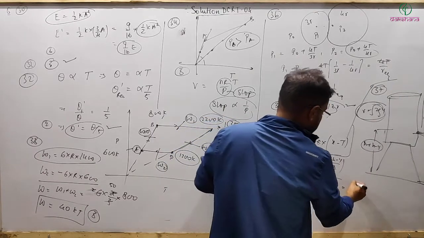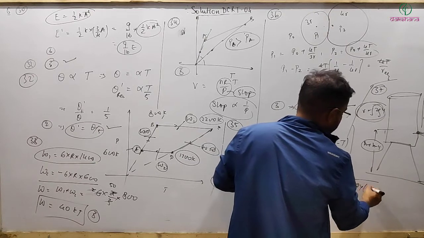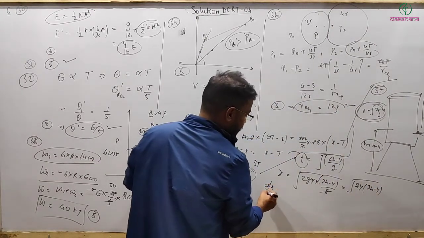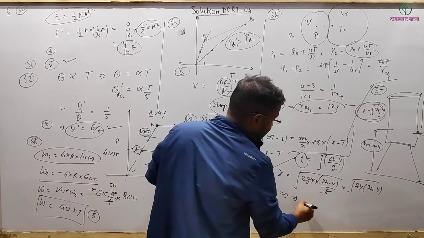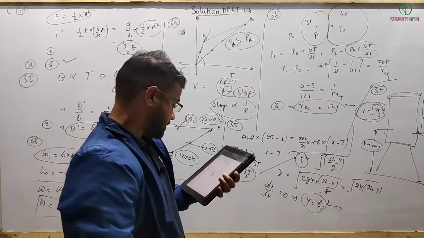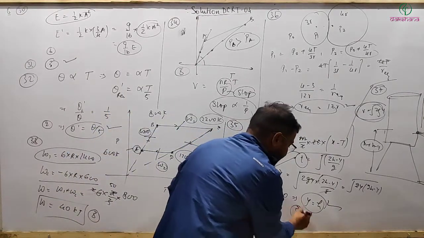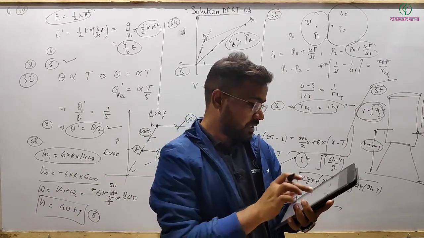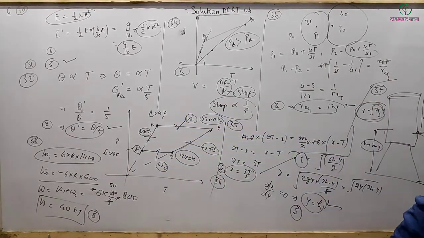So this gives 2 times root of y into h minus y. Differentiating this, dx by dy equal to 0, we get y equal to h by 2. This is another way. So the right answer here matches with option number 3. For y equal to h by 2, we will get maximum range. Next question number 38. Let me erase the board.